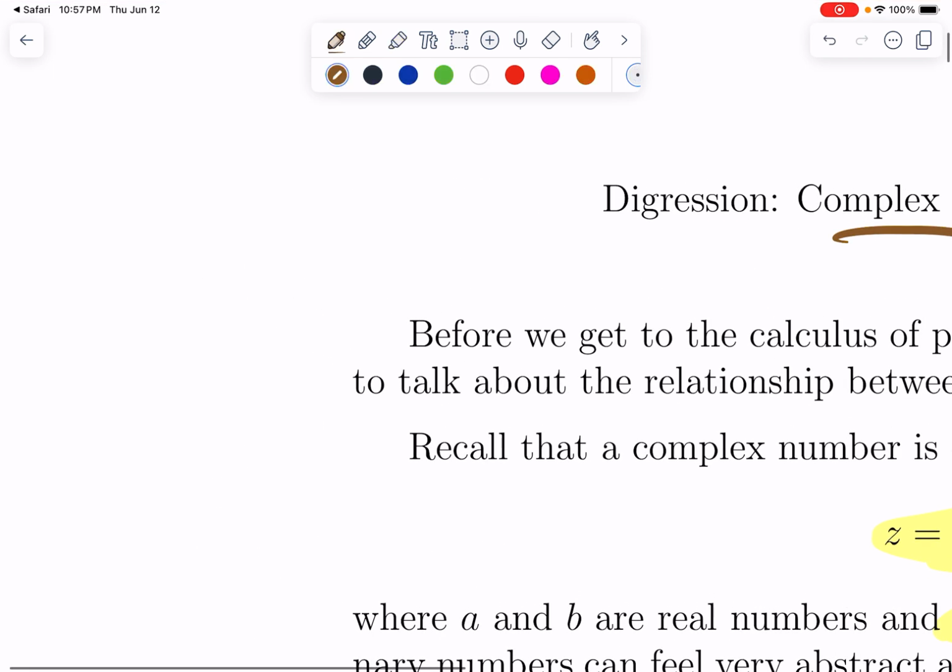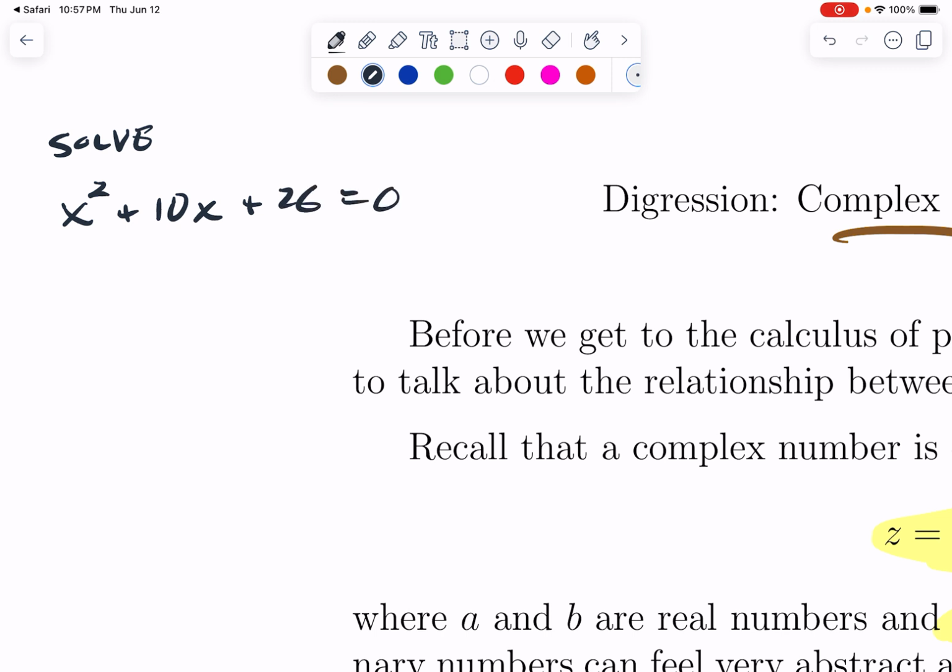So just as an example, if I gave you something like solve x squared plus 10x plus 26 equals 0, you've probably done an example like this. Here, just for simplicity, I'm going to change this to -10.